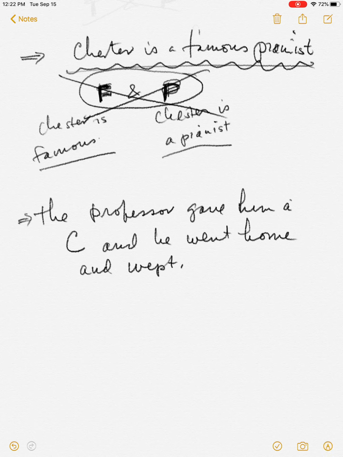Do you think that that's properly translated as, if P stands for "the professor gave him a C" and W stands for "he went home and wept," P and W? The professor gave him a C, and he went home and wept. I hope you see that that's not the case, right?